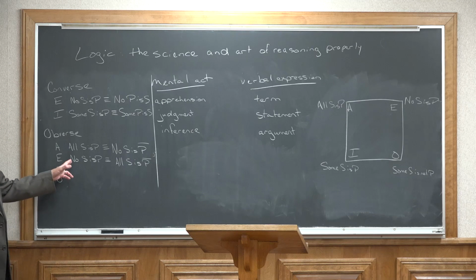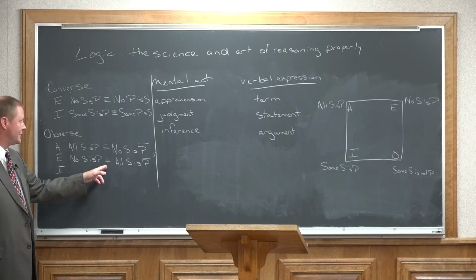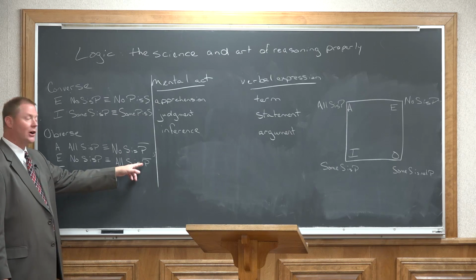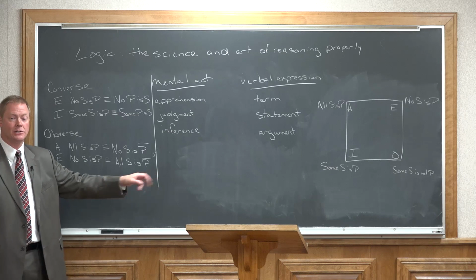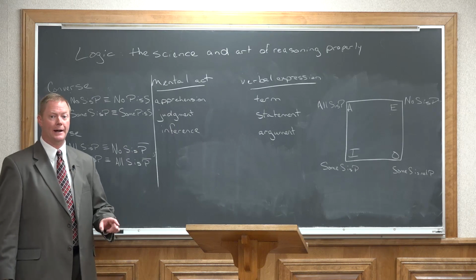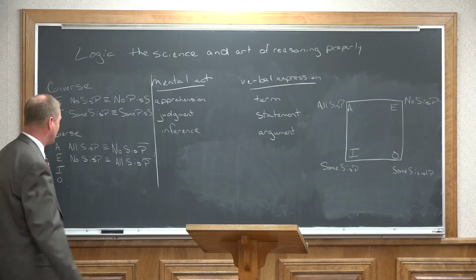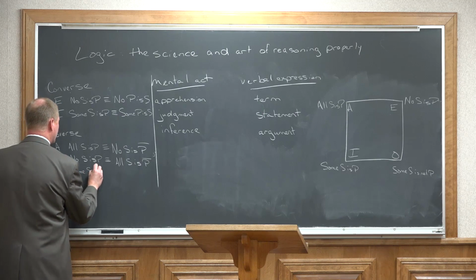So, no cats are dogs is logically equivalent to saying all cats are non-dogs. Let's see. No hot dogs are apple pies is the same thing as saying all hot dogs are non-apple pies. Okay? That's obverse.